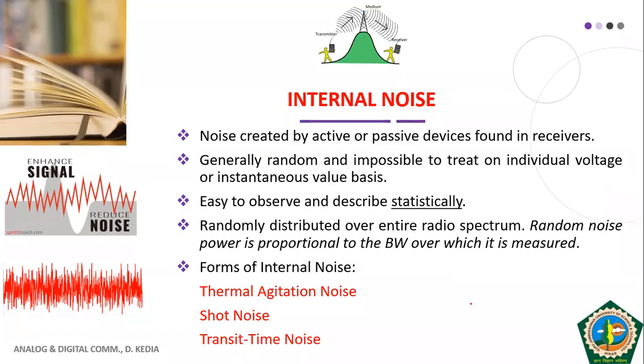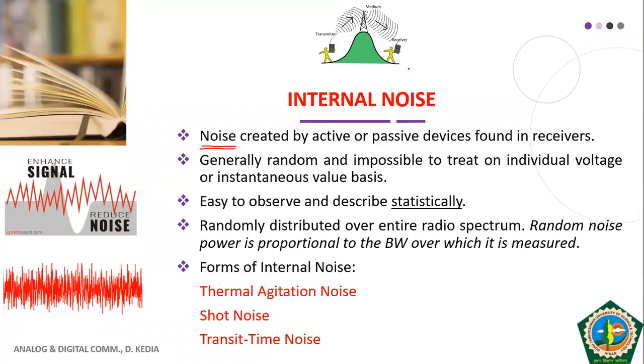After we have discussed sources of external noise, now we will talk about internal noise. I told you that in internal noise, the noise is generated within the receiver. Obviously, what do we have in the receiver? We have certain electronic components and also some electrical components. The noise created by those components constitutes internal noise.